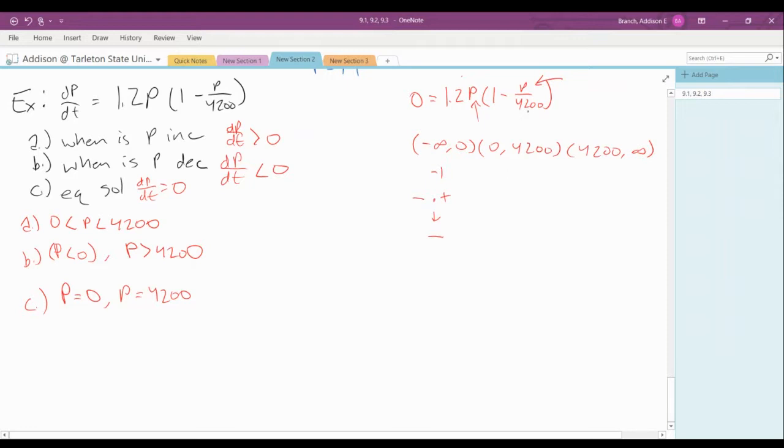Therefore, we're decreasing below 0. If we plug in 1, we're going to get a positive times a positive. Therefore, we're growing. If we plug in 4300, we're going to get positive times negative. Therefore, we're decreasing then.